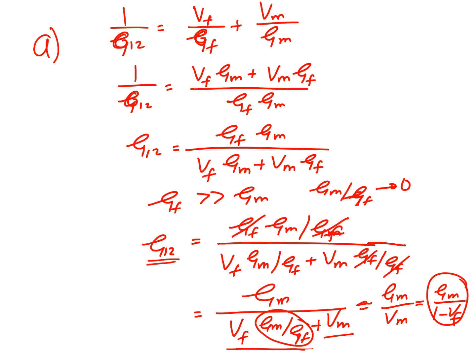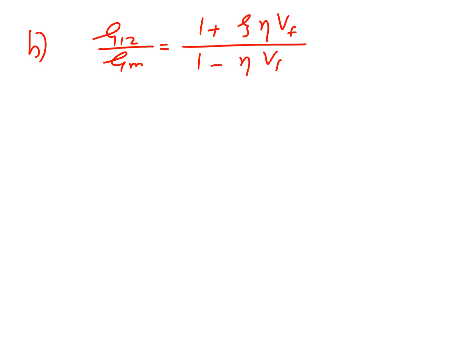If we have the modulus of the fiber to be much, much greater than the modulus of the matrix. Let's go for part B. So we already know that G12 by GM is equal to 1 plus xi neta VF divided by 1 minus neta VF, where neta is given by GF by GM minus 1 divided by GF by GM plus xi.